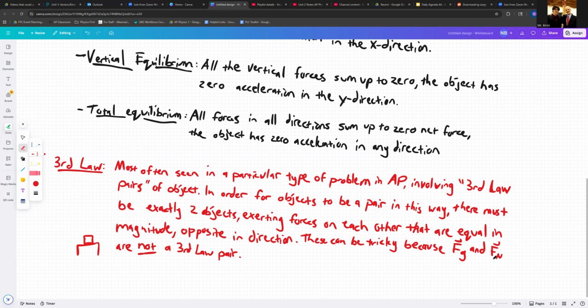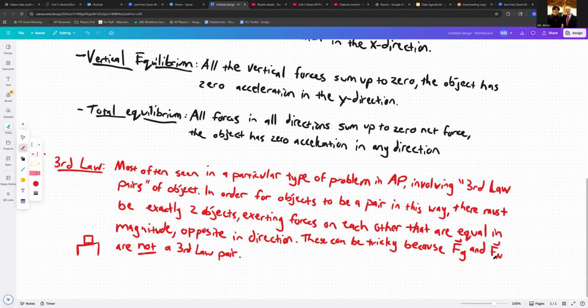Instead, a third law pair needs to be object 1 acts onto object 2, pushing or pulling it. Object 2 acts with a force back onto object 1, pushing or pulling that in response. So this is a classic one that you don't want to fall for, where AP might try to make you think that gravity and normal force are a third law pair.